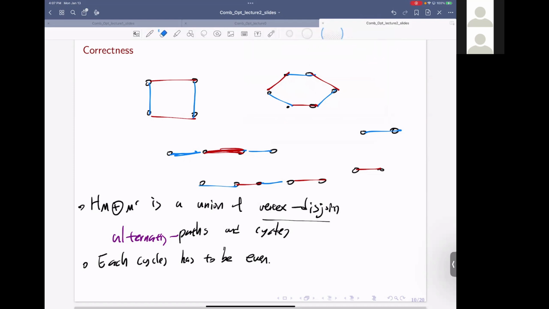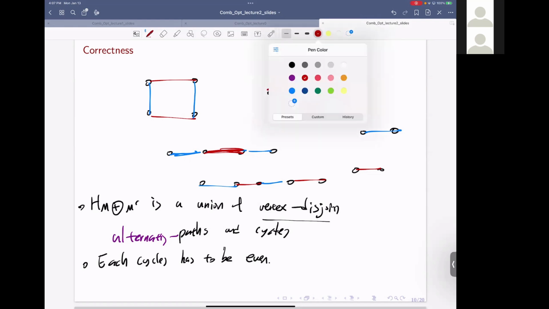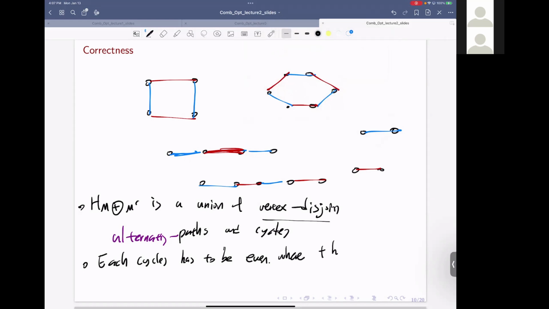So every cycle has to be even, where the number of M edges equals the number of M prime edges.